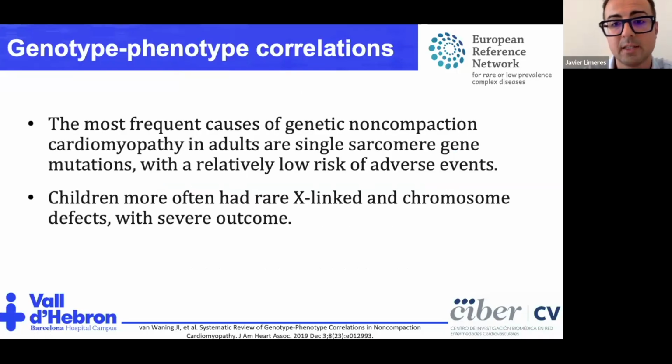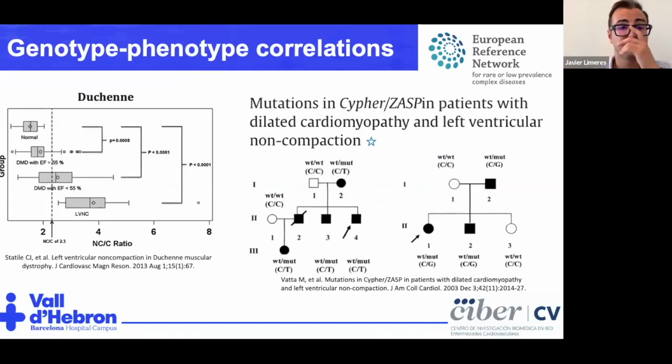So the most frequent causes of genetic non-compaction in adults are very similar to other cardiomyopathies, but we have mutations with minor low risk of adverse events, for example in children with rare X-linked or defects in chromosome or other cases.